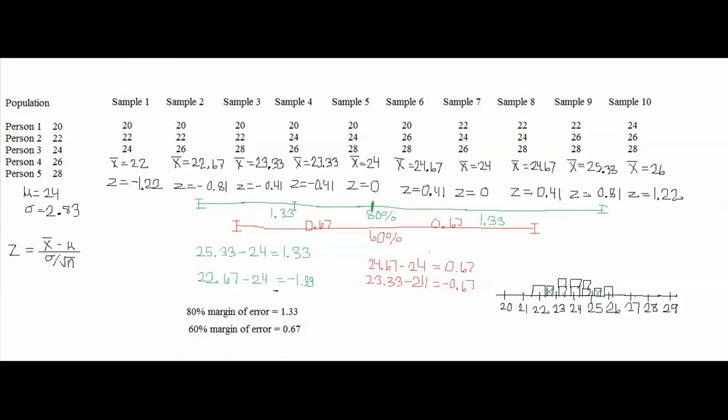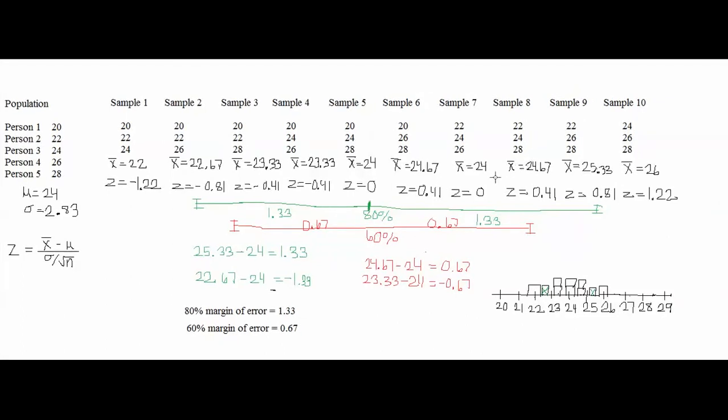I said that the 80% margin of error was the distance from the two boundary points of the middle 80% to the population mean of 24, and that turned out to be 1.33. The 60% margin of error is the distance from the two boundary points of the middle 60% to the population mean of 24, and that turned out to be 0.67.